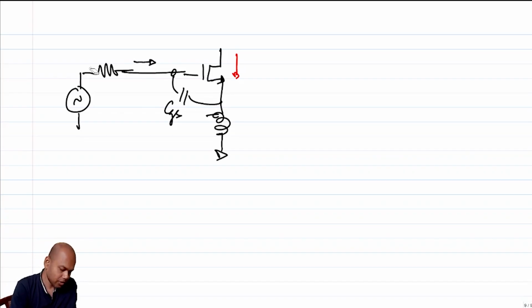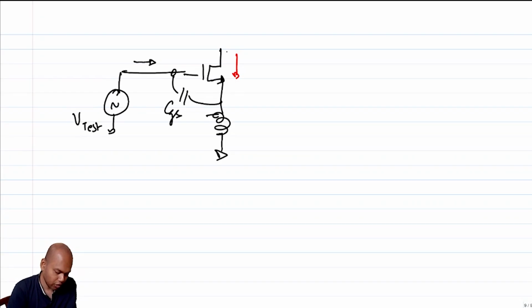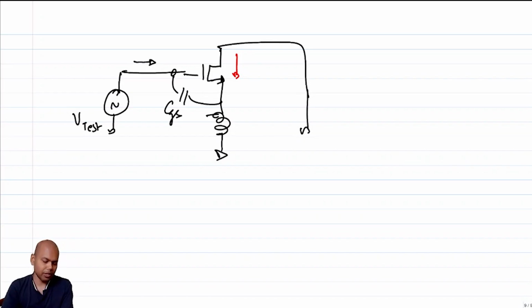So instead of overcomplicating our scenario, just like before, I will apply a test voltage, and I am going to find out the effective impedance, again assuming the drain is short circuited, right? I mean, no harm done.